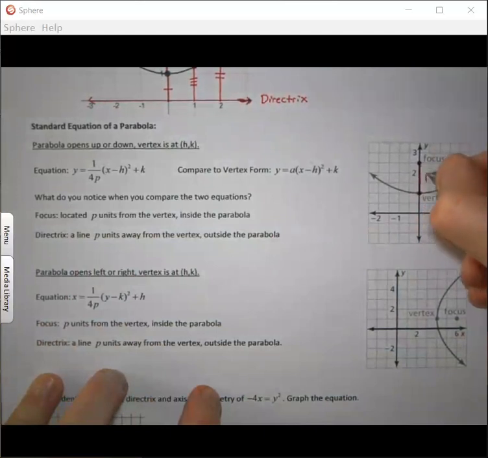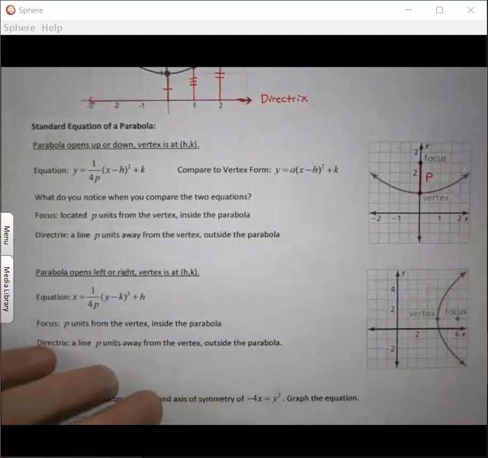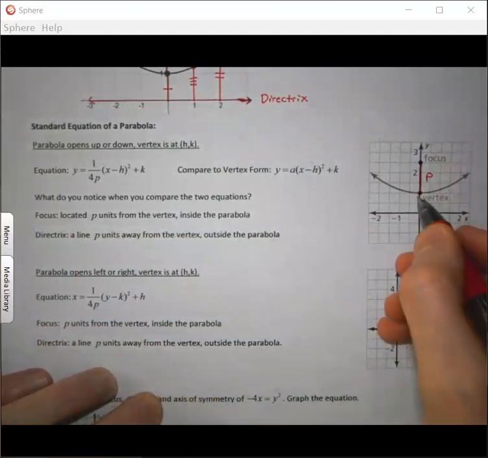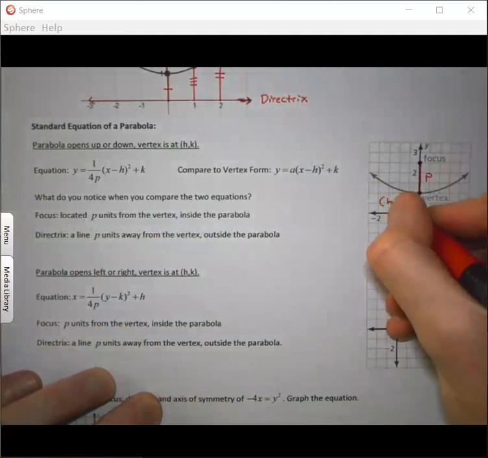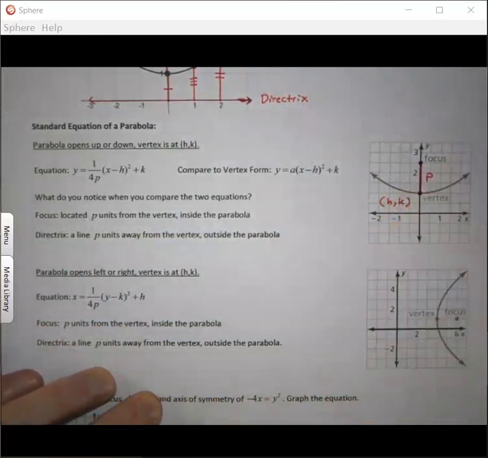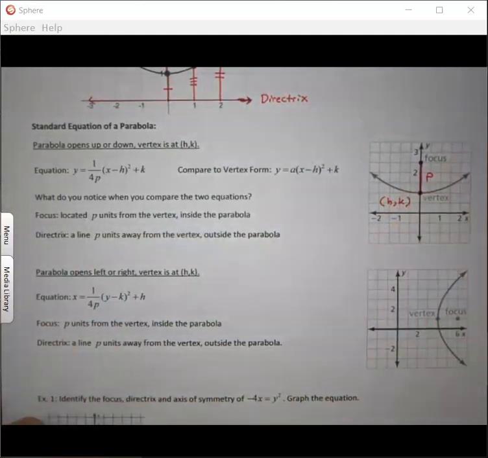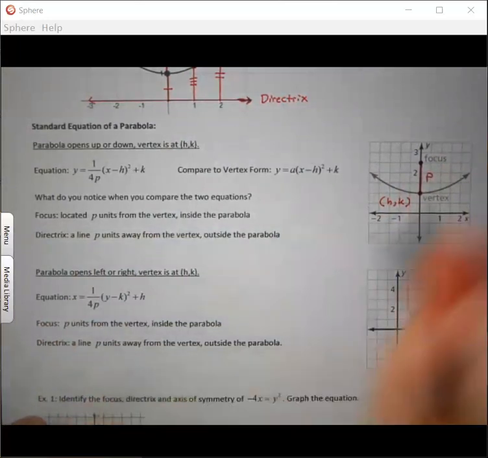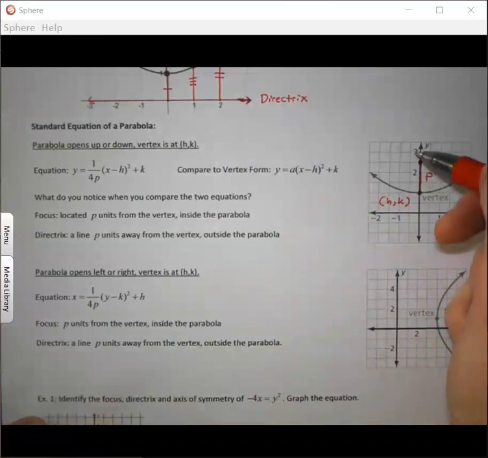So that distance is p. Now again, our vertex is (h, k). So we can use our (h, k) for our vertex and the distance p to find our focus.